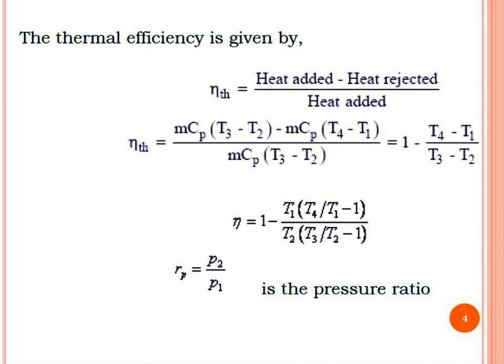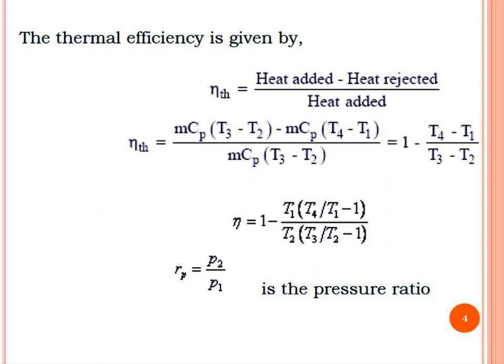So m Cp (T3 minus T2) is the heat addition at constant pressure in the combustion chamber, whereas at constant pressure heat is rejected by means of exhaust gas entering the surroundings, that is m Cp (T4 minus T1), where m is the mass of gas or air, and Cp is the specific heat at constant pressure for air or gas.